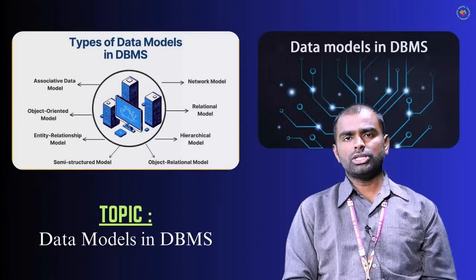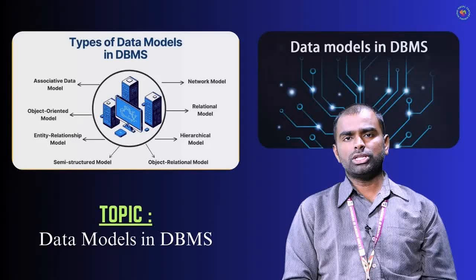Network means allowing for special relationships. So how they are connected to each other, all objects involved are connected to each other. Relational, allowing for individual element access anywhere in the database. So from a table you can access any data. In the table you are having the data in the form of rows and columns. You can extract the data based on the condition given for a particular value.